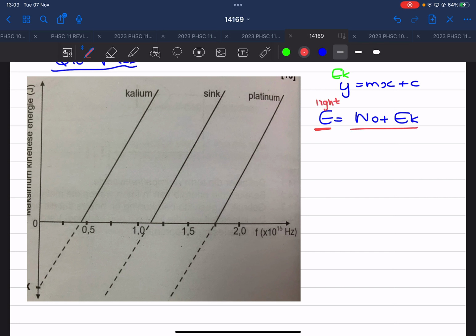This on the right-hand side is all of the electrons on the metal. Why do I say this? Because what is E also equal to? E is equal to H times F, frequency. Frequency of what? Frequency of the light. Okay, where do I have frequency? Frequency is on my x-axis. So x-axis is frequency.